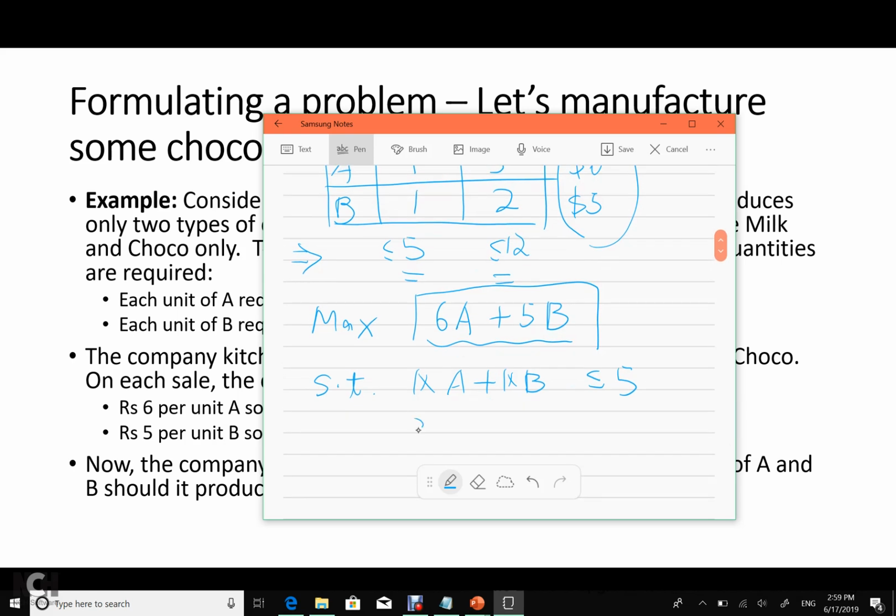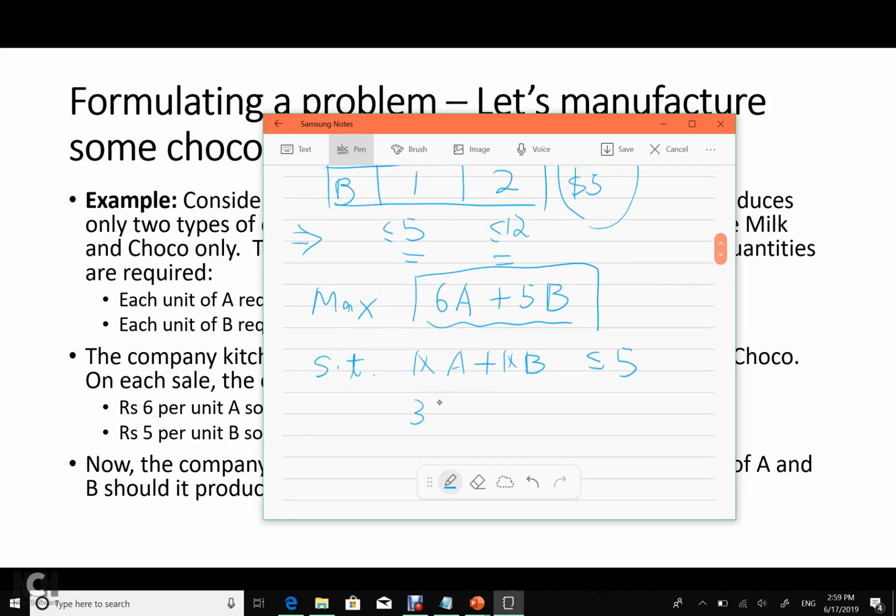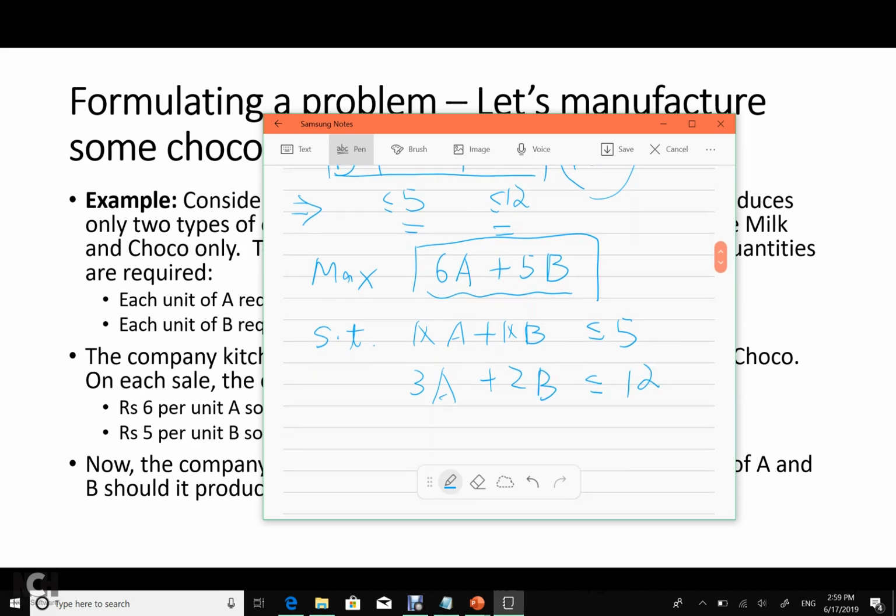And 3 times A plus 2 times B should be smaller than or equal to 12. So based on this, we want to maximize 6A plus 5B subject to A plus B smaller than or equal to 5, 3A plus 2B smaller than or equal to 12.